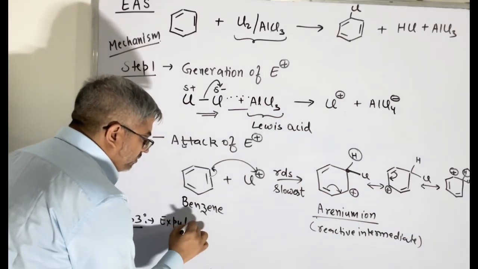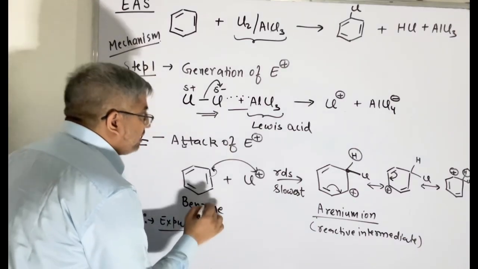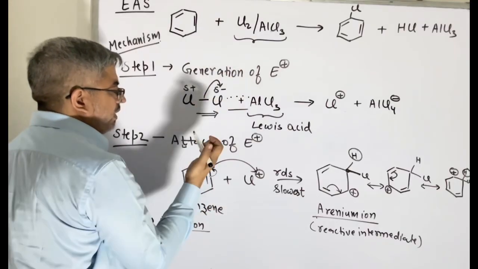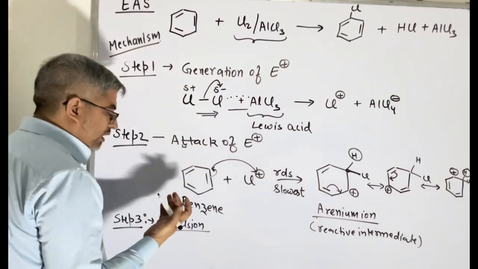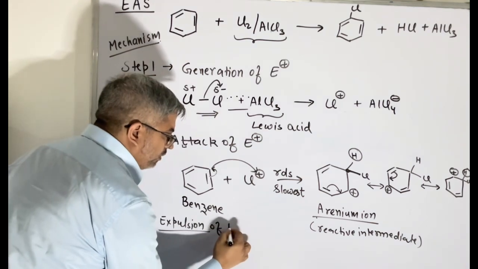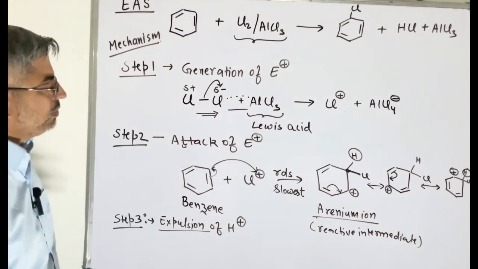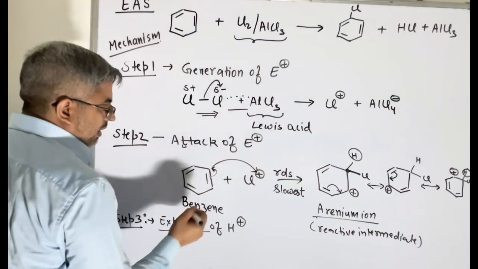In standard books you will just see that these are the basic titles of these steps: generation of electrophile, attack of electrophile, expulsion of proton. So I am also writing these standard step titles. And now what happens?